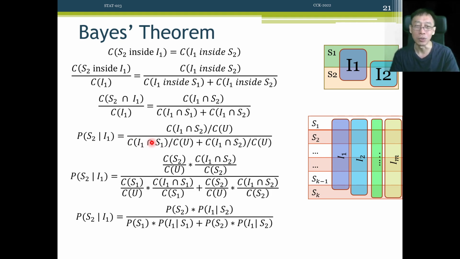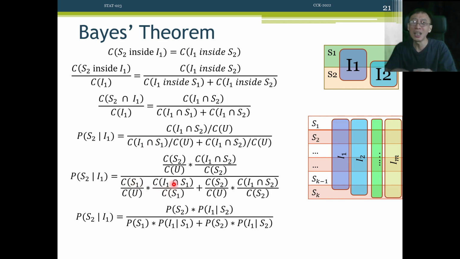That is not an input. That kind of probability is not something we can experimentally easily derive. So while that is mathematically equivalent, it's not in a very useful final form yet. And that's the reason why we are going to times C of S1 divide by C of S1.